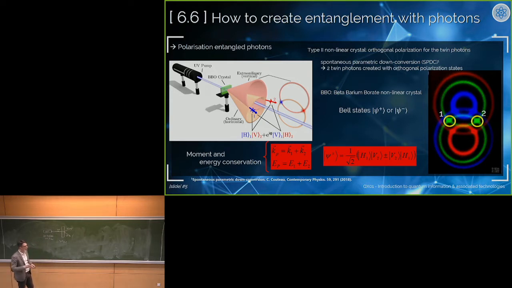So again, this is not a course on optics or quantum optics, but just to be aware of this. Of course, in any process of that type, we have to have conservation of energy and momentum. So energy is okay because we had 2 h bar omega giving us 1 h bar omega and 1 h bar omega. So energy is conserved.